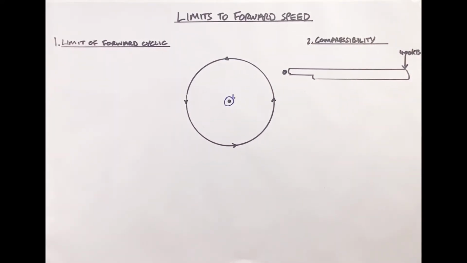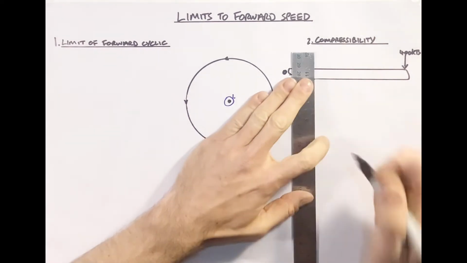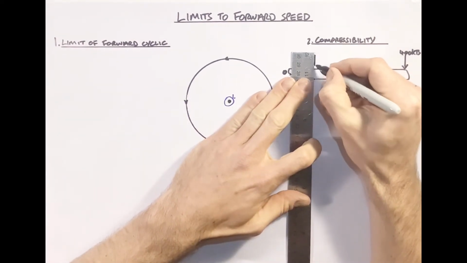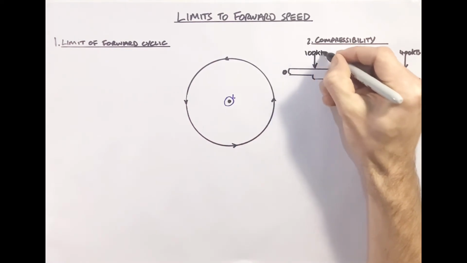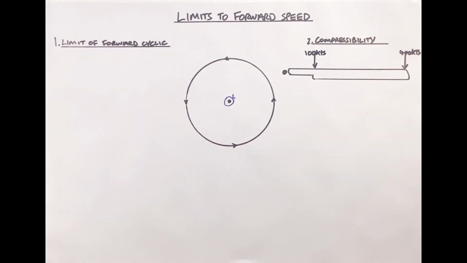And as a rough working, we'll just assume that the root is only going at 100. So just in the hover, that's how fast those positions on the blade are moving relative to the air around it, and therefore they're generating that amount of airflow.